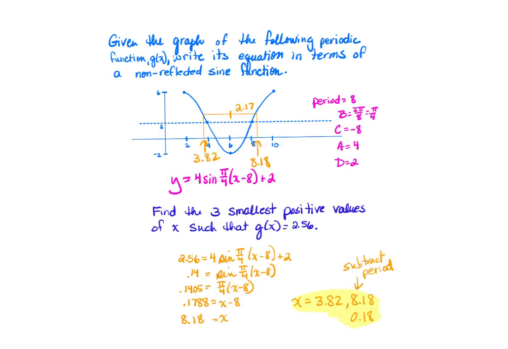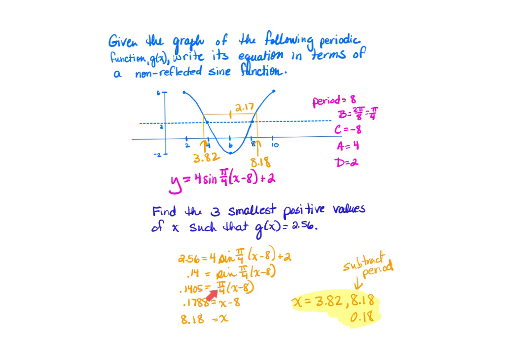So here's my answer. I set my function equal to 2.56. I solved for sine. I subtracted 2. I divided by 4, making me 0.14. To undo a sine, I have to do inverse sine of both sides. So now I have 0.1405 is equal to pi over 4 times the quantity x minus 8.